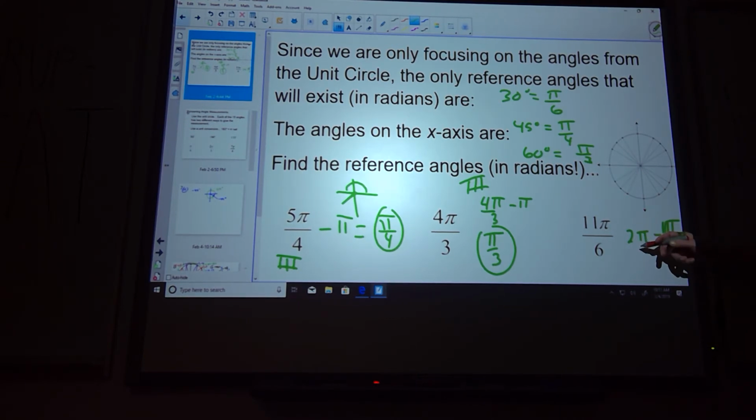Okay, so that's 12 pi over 6, minus 11 pi over 6 gives me just pi over 6. So that happens to be a 30-degree angle in quadrant 4. Okay? Wow, almost done.